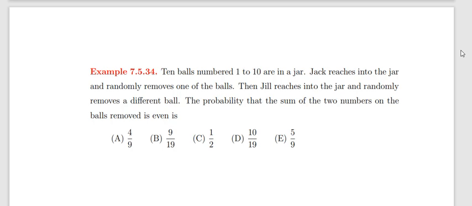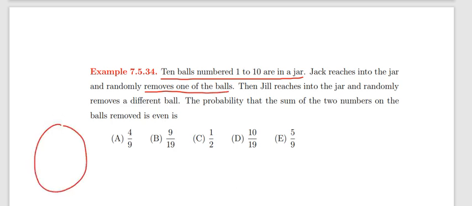The problem says we have 10 balls numbered 1 to 10 in a jar. So here we have 1, 2, 3, 4, so we have 10 balls. We randomly remove 1, then a second person reaches into the jar and removes a different one.